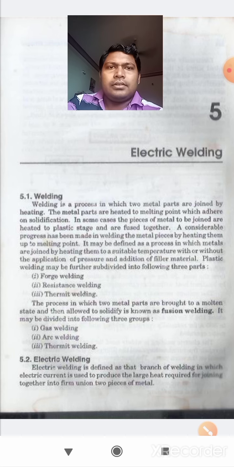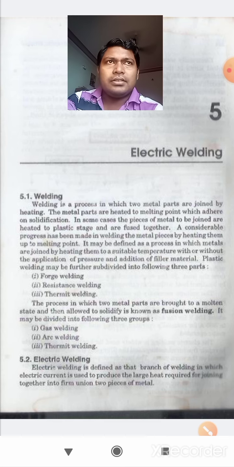Now a considerable progress has been made in welding the metal pieces by heating them up to their melting point. So we have to reach the melting point of the metals so as to make them a joint.